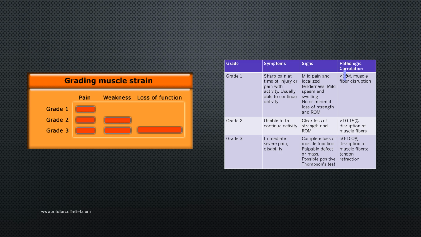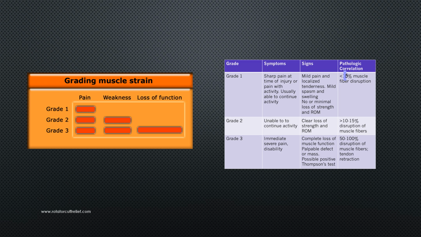The chart on the right goes into a little bit more detail. Grade 1, we have symptoms. We can have pain, can be sharp, can even be dull at the time of injury, but there's usually pain. Frequently, you're able to continue with the activity. What are the signs?